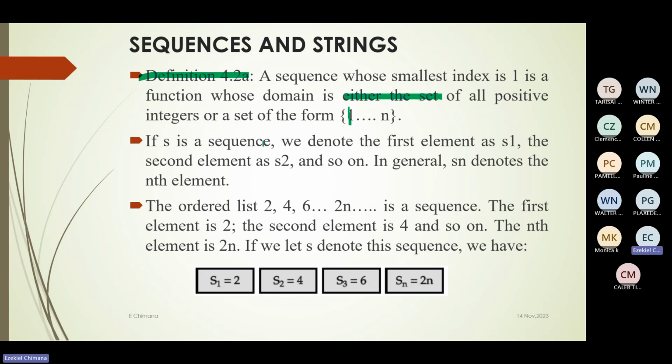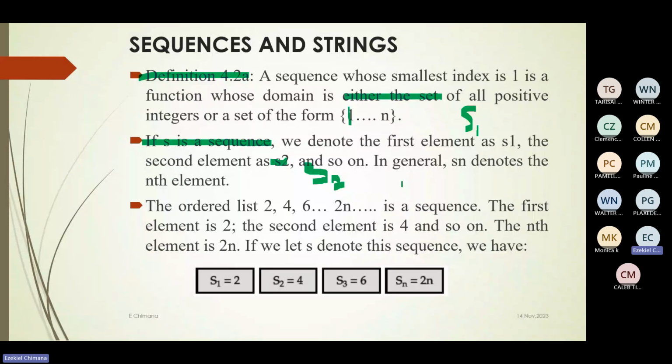So if S is a sequence, we denote the first element as S1, where the 1 is just like a subscript there. The second element is S2, which is S with a subscript 2, and so on.